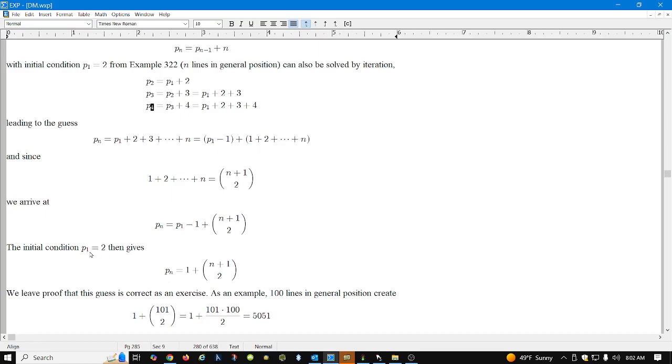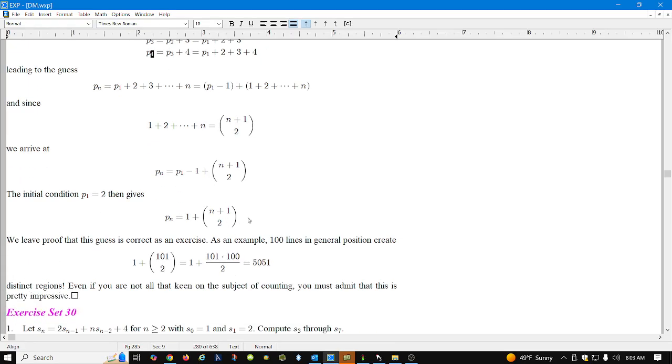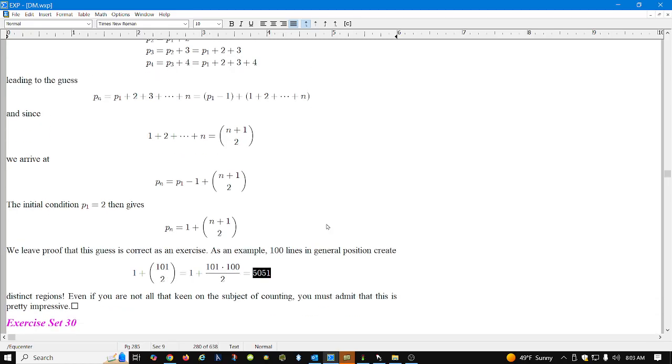Using the initial condition P1 equals 2, we get this nice looking formula. And again, we have to check this. We have to verify. 100 lines in general position then will create 5,051 distinct regions. Okay.